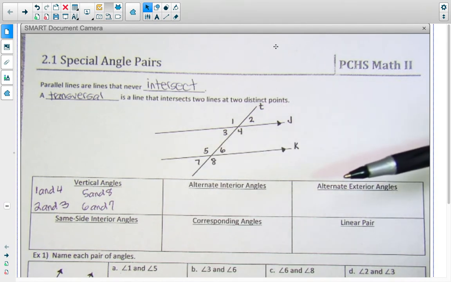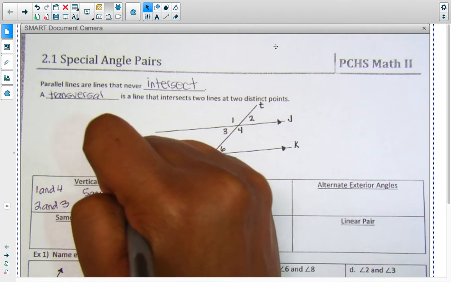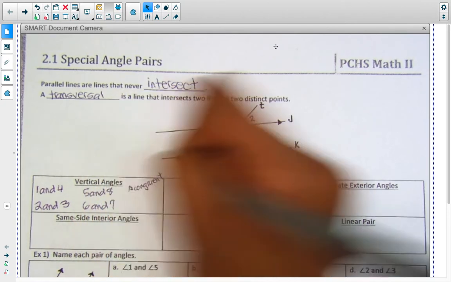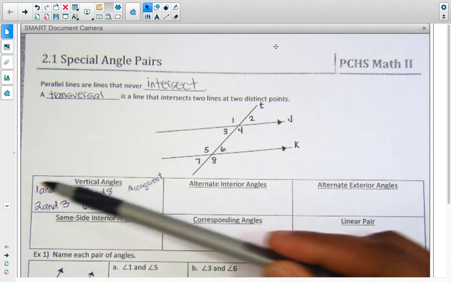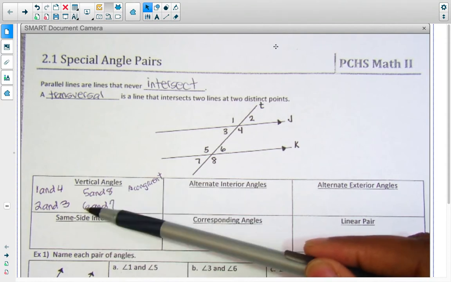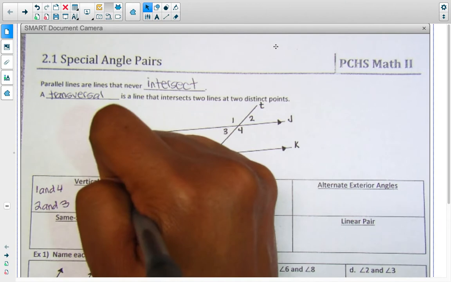They are across from each other, and are actually congruent to each other. Let's put a little note here. I'm going to say congruent. Vertical angles are congruent to each other. 1 and 4 are congruent, 2 and 3 are congruent, 5 and 8 are congruent, 6 and 7 are congruent. And congruent means they have the same angle measure.